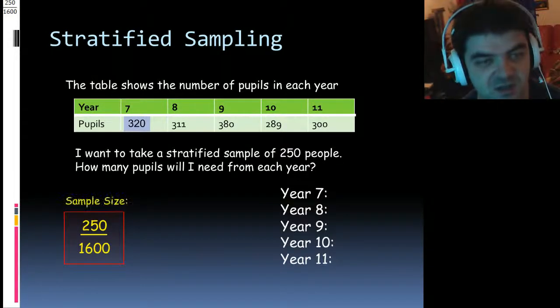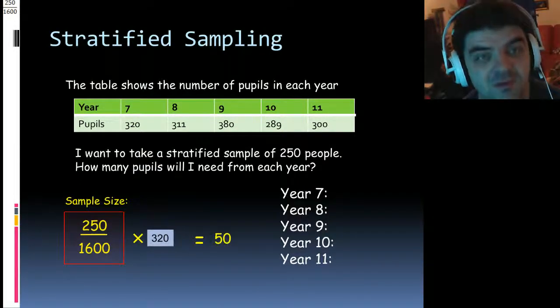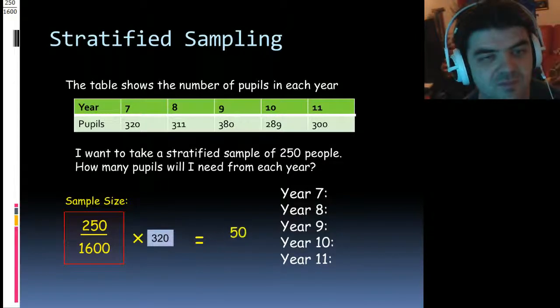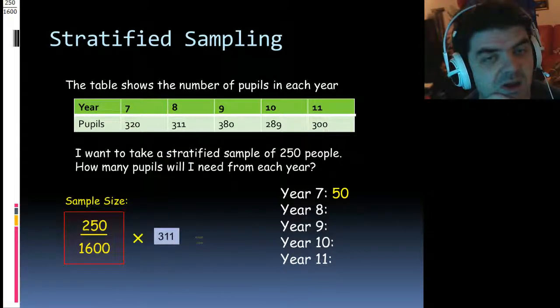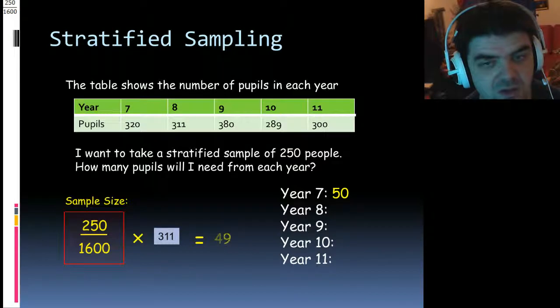So for year 7, we take our sample fraction and multiply it by the 320, and that gives us 50. Whoop whoop. That's year 7. Year 8, similarly, take our 250 out of our 1600, and that gives us 48.59375, which we would round to the nearest person, which is 49.